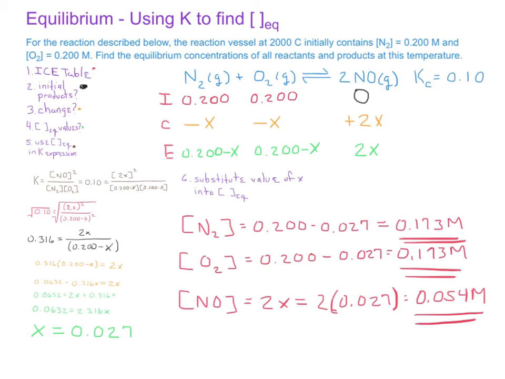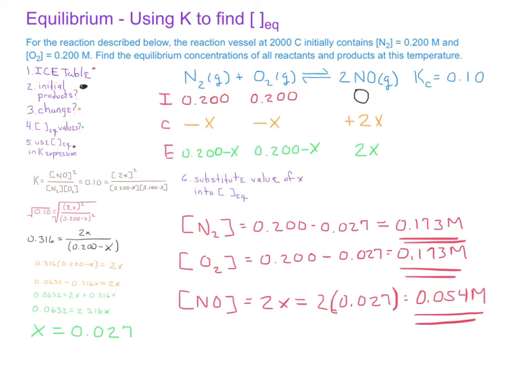Now before we leave this example, I just want to remind you that there may be situations where we get to this step where we've plugged in our equilibrium concentrations and our value of K, and then we have to solve for x. In this case it worked out that we could simply take a square root to get rid of the x squared terms, but it's not always going to work that easily.